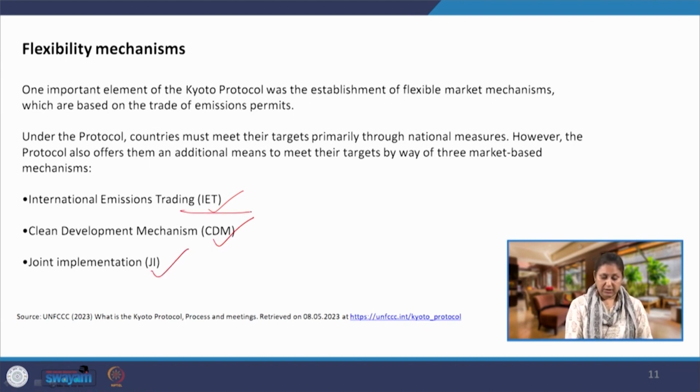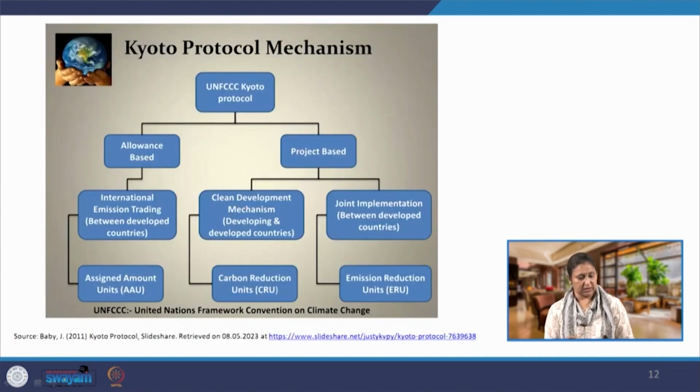When we are talking about international emissions trading, we are largely looking at carbon trading. So, the emissions which have been saved by one party can be traded to the other party which is emitting more. So, overall balancing the emissions across the globe is what the idea was. We will go over each one of these in detail now.